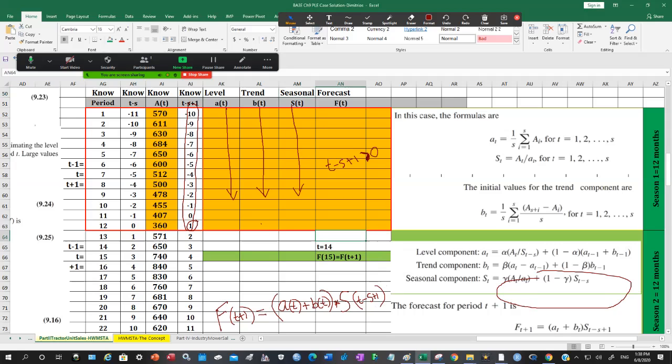So if I try to find this value here, now let me actually try to do it. That's why I plotted this in green.